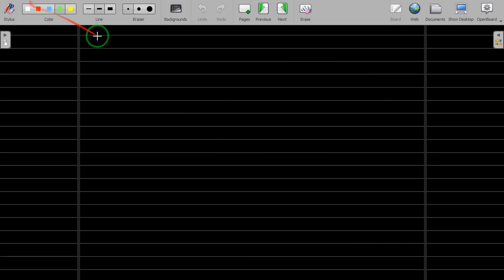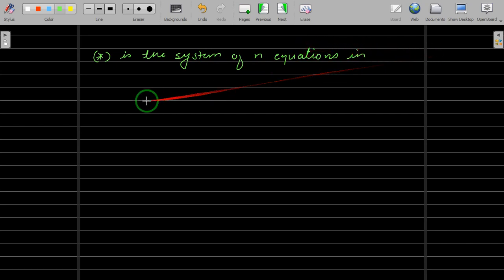So the star is the system of n equations in n unknowns yi, right?